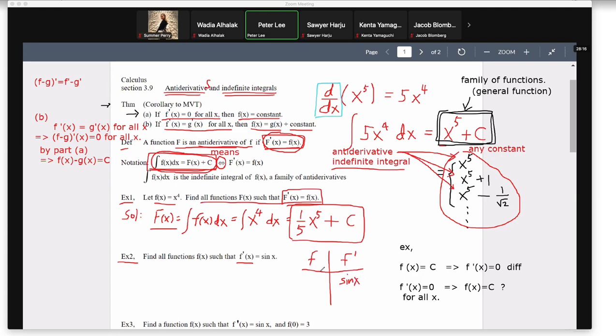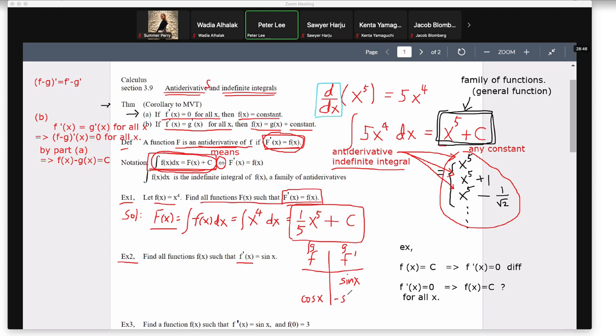If you call this g, then this will be an antiderivative. Basically, we call it this way. If the function is cosine x, then the derivative is what?